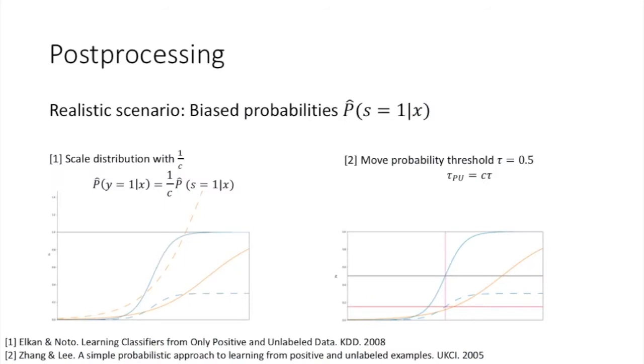So let's look at what happens with our post-processing methods if we use those biased probabilities for examples to be labeled. So here we have our probabilities for examples being positive. Here are the real probabilities for examples being labeled. And then this yellow full line are the probabilities predicted by the logistic regression classifier for examples being labeled. If we scale these up with 1 over the label frequency, we get our predicted probabilities for examples being positive.